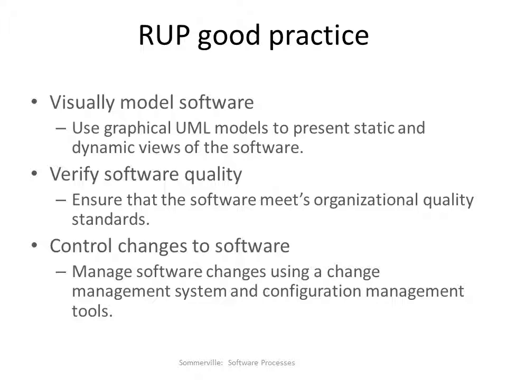Control changes to software: manage software changes using a change management system and configuration management tools. So those six best practices are described in the RUP. I suppose it lists six ideas to follow when designing any software project to minimise faults and increase productivity.